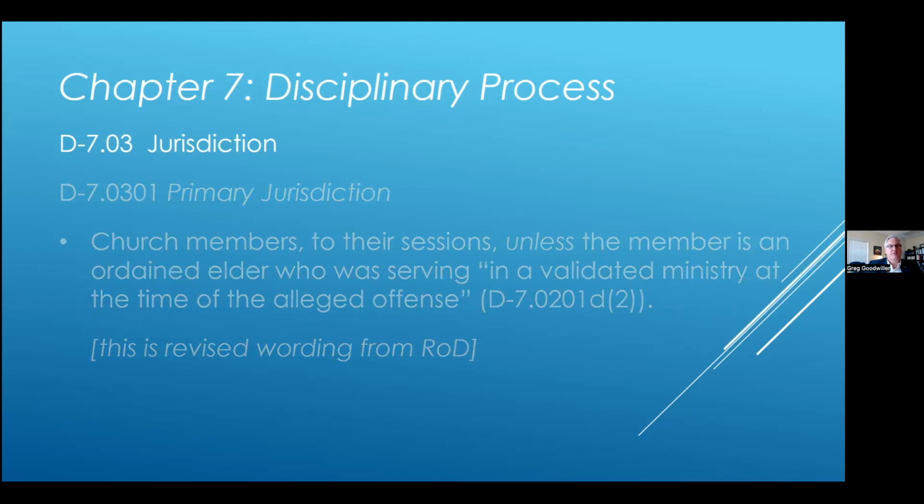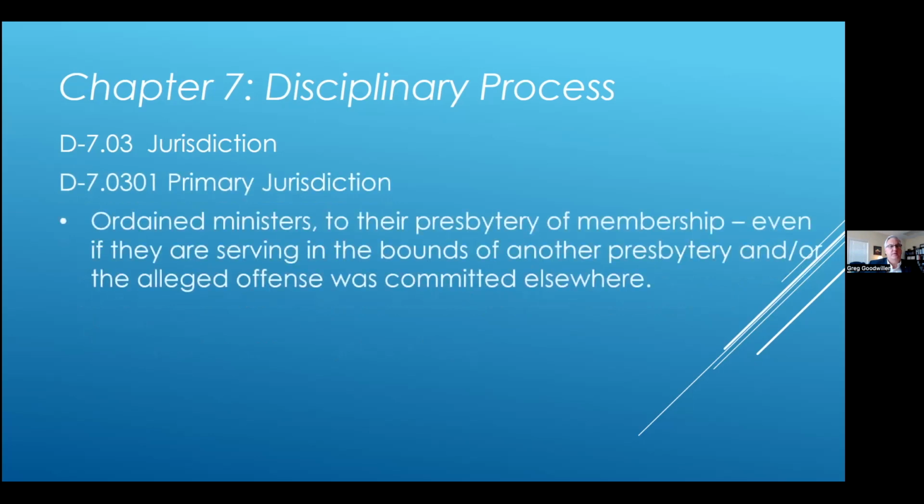Commissions, ordained ministers. The rules of discipline were a little vague about ministers who are laboring outside the bounds or who commit offenses outside of the bounds of their presbytery. It gave more authority to the presbytery within which the act was committed or in which ministry was being engaged.